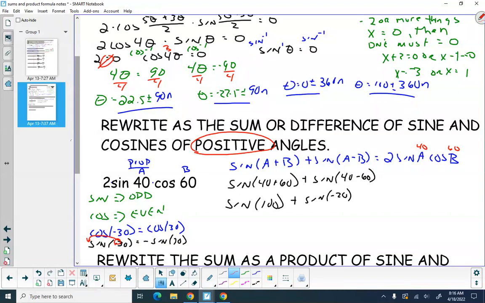When I have a negative with the cosine, I could just erase it, because the cosine of negative 30 is going to equal the cosine of 30. So this negative sign, what we can do is move it out front. So we have sine of 100 plus the negative sine of 20, or I can write the minus sine of 20. Either one is correct.